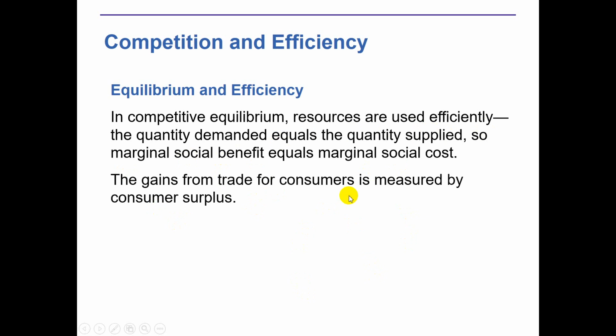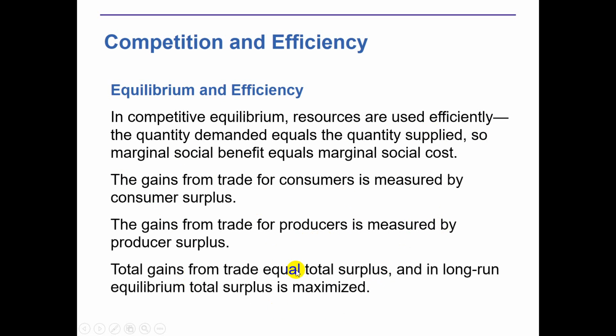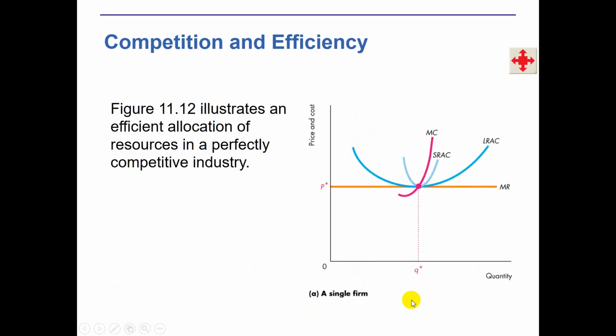The gain from trade for consumers is measured by the consumer surplus, and the gain from trade for producers is measured by the producer surplus. The total gain from trade equals total surplus, and in the long run equilibrium total surplus is maximized.